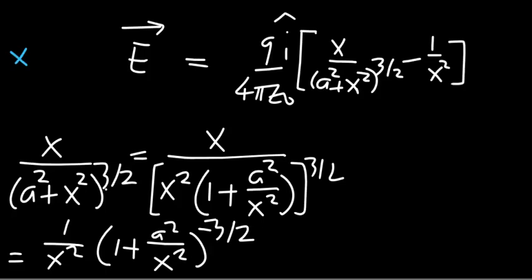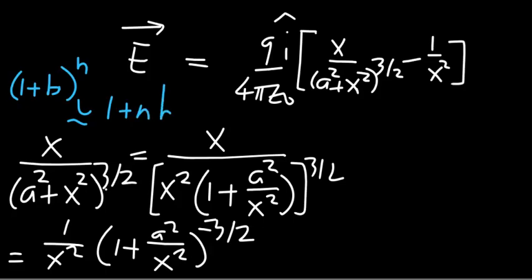You see, when x is much larger than a, then that ratio a over x will be very small. Then according to a binomial expansion, 1 plus, let's say, b to the power n, when b is very small, is quite simply 1 plus nb. It can be approximated to be 1 plus nb, especially when b is very small.